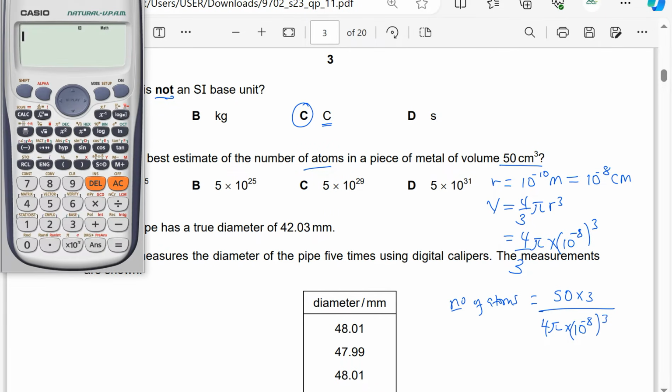When I press my calculator, this is going to be 50 times 3 divided by open brackets, 4 pi times open another bracket, 1 exponent minus 8, but this is raised to power 3.